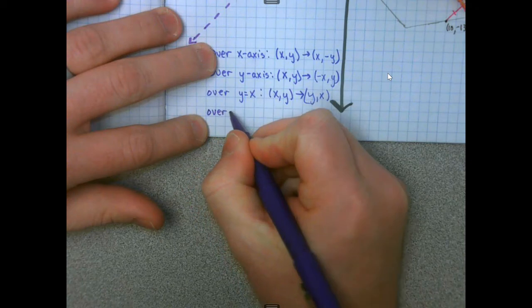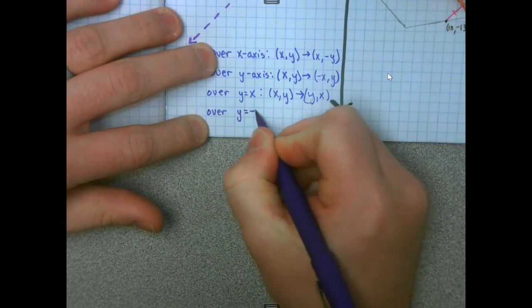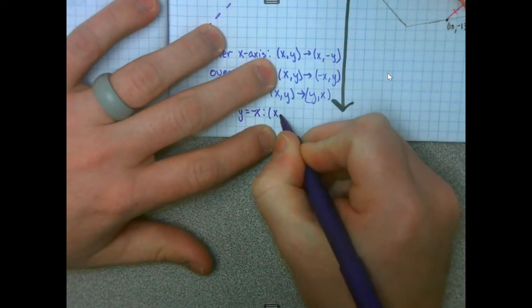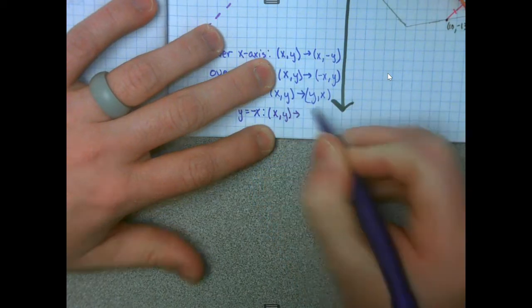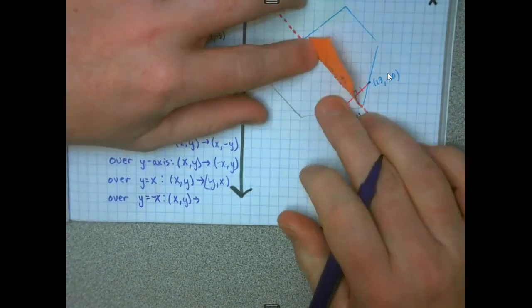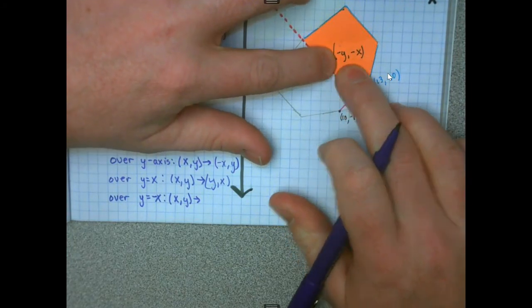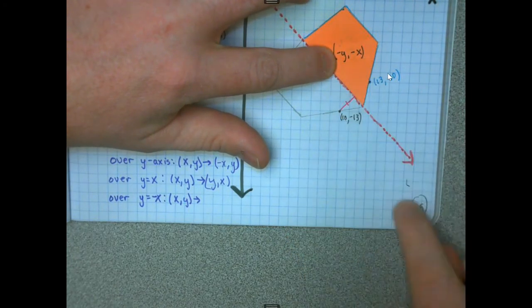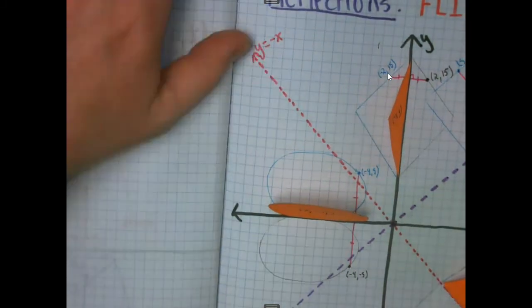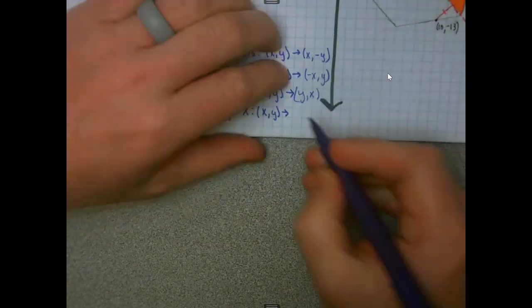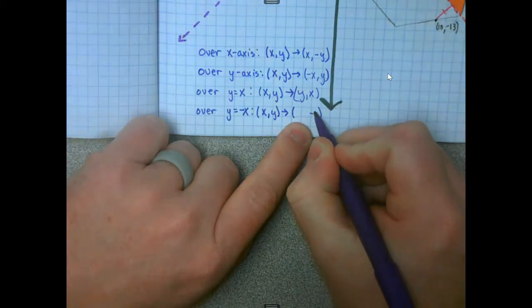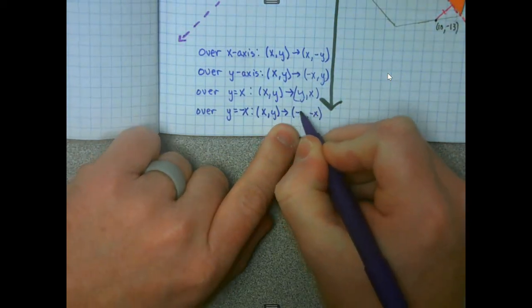Over y equals negative x is very similar. Right here, your x, y changes to negative y, negative x, because your equation is y equals negative x. So your new y value is negative x, and your new x value is negative y.